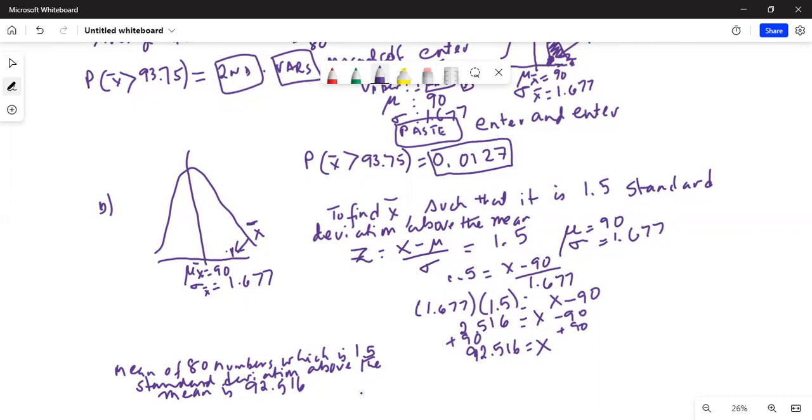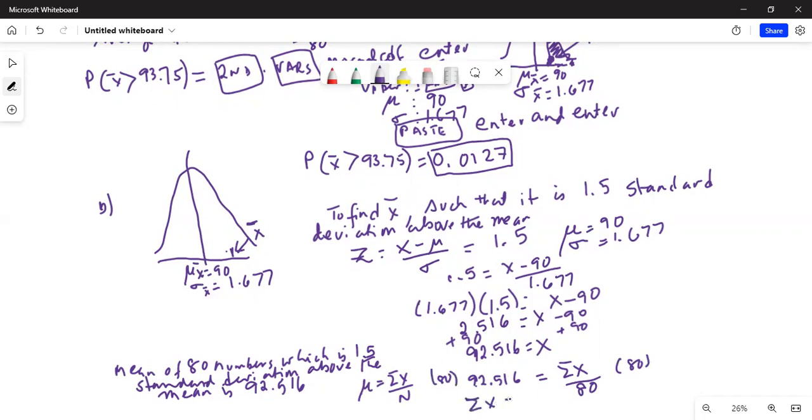So mu is equal to sum of the numbers divided by number of numbers. So I have the mean as 92.516. Okay, I want to find the sum of the numbers, and my number count is 80. So I multiply by 80 on both sides to get the sum of the numbers.